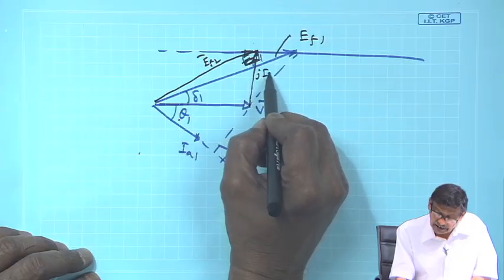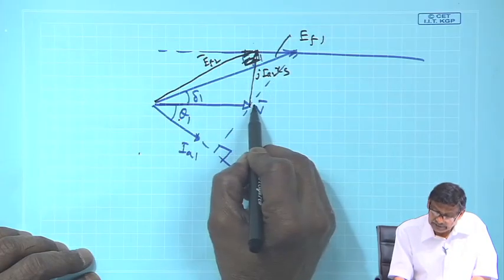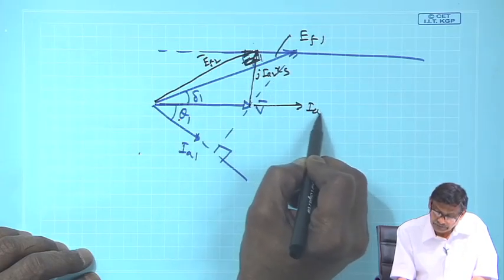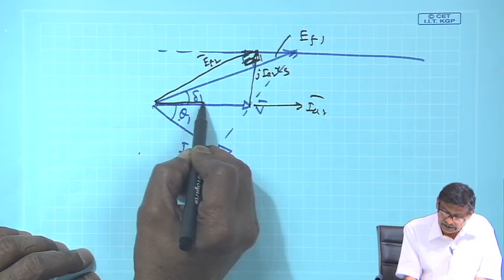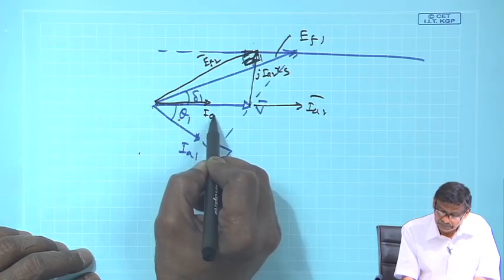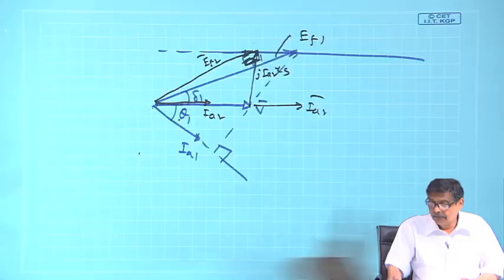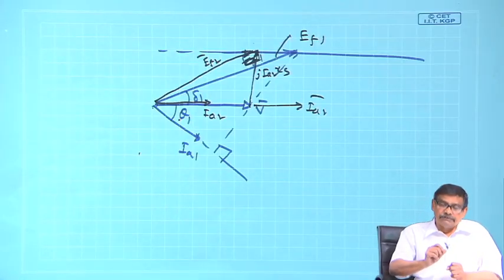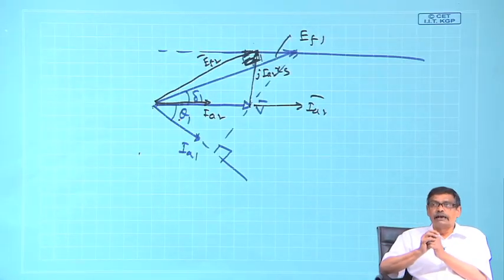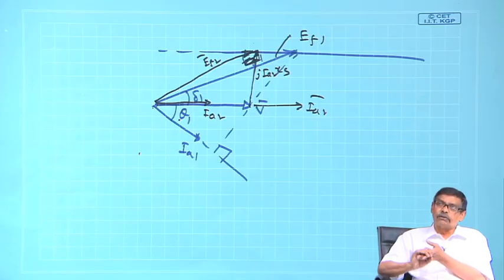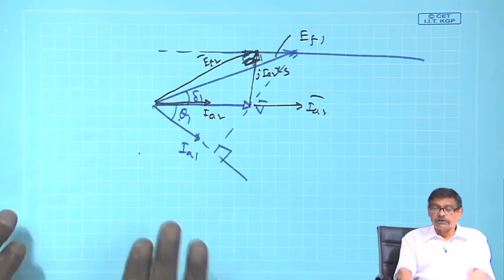This becomes jI_a2 x_s, and this will be the direction of I_a2, in phase with V. So, simply by controlling the field current, I will be able to operate the generator either at lagging power factor, leading, or unity power factor. We will continue with this.